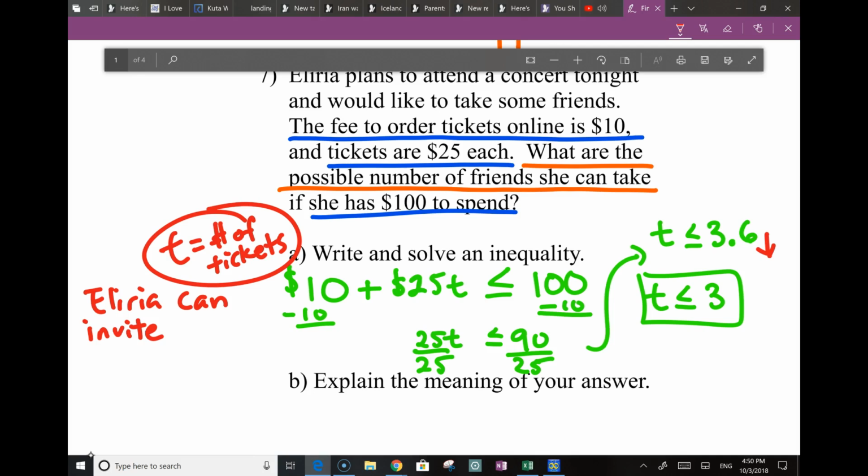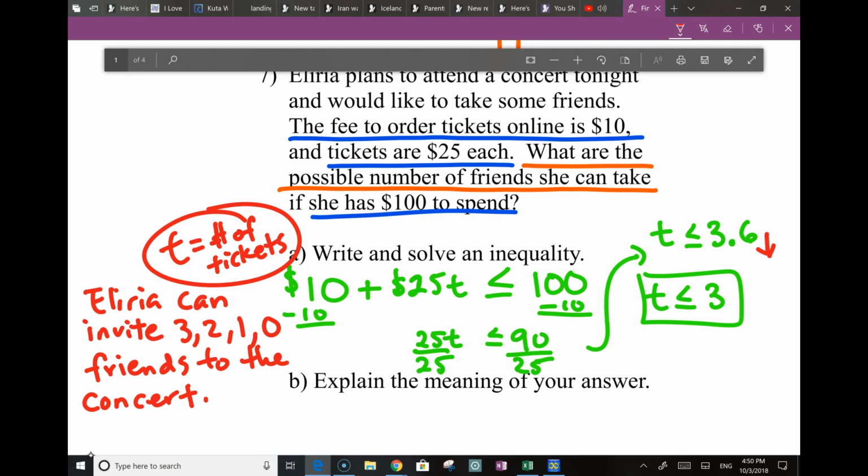So she can invite either 3 friends, 2 friends, 1 friend, or if she changes her mind and decides not to invite anybody, she can go by herself and invite no friends to the concert.